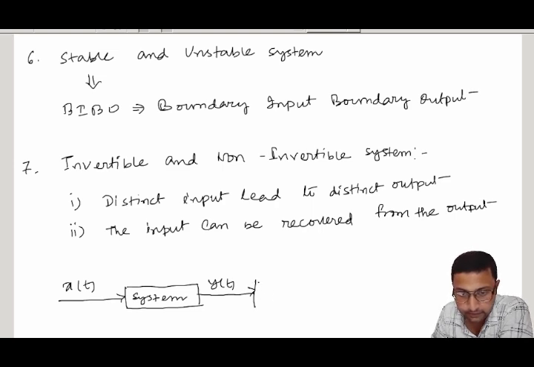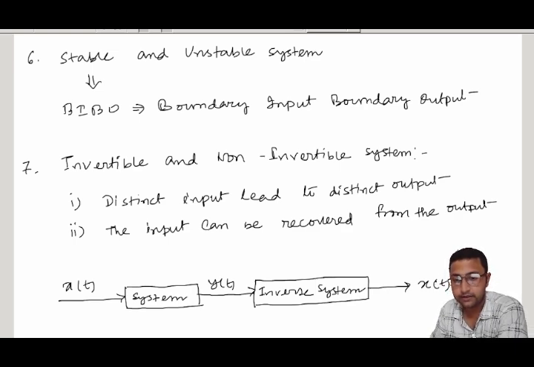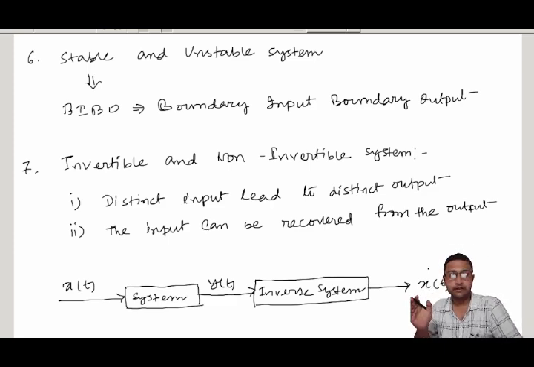And invertible means there is an inversion process that will take place. The inverse system gives us the input signal again. That means the input can be recovered from the output. We give the input x(t) here, and at the output of the inverse system we get the same input, x(t). Okay, so these are the basic categories of different types of systems.